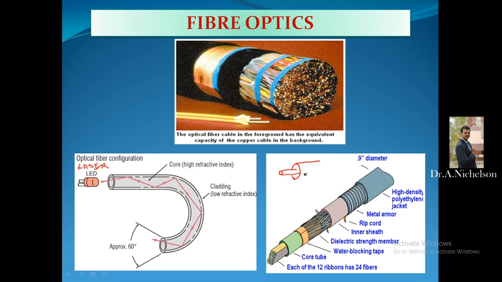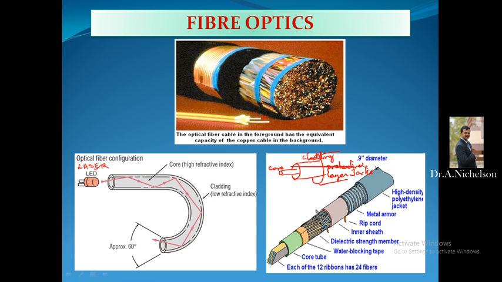This is the core, and it is surrounded by cladding. And the outermost layer is called the protective layer. This is the protective layer, also called the jacket.